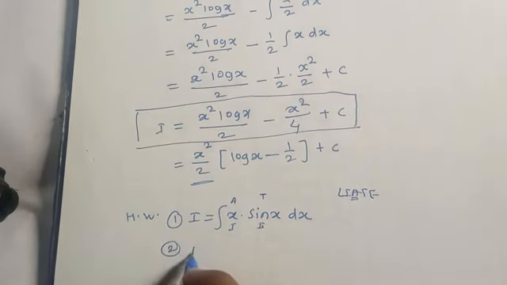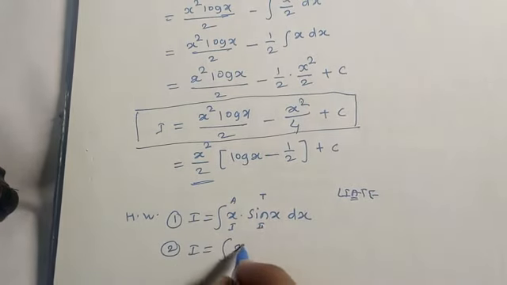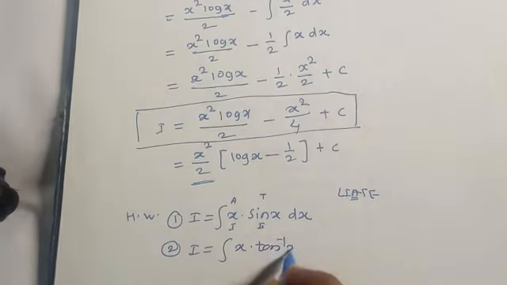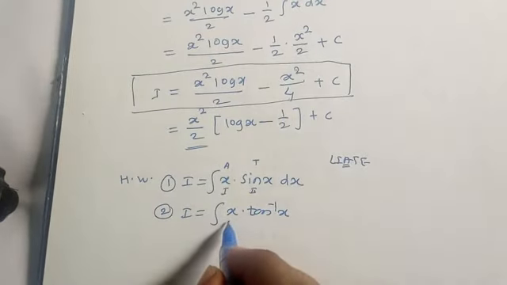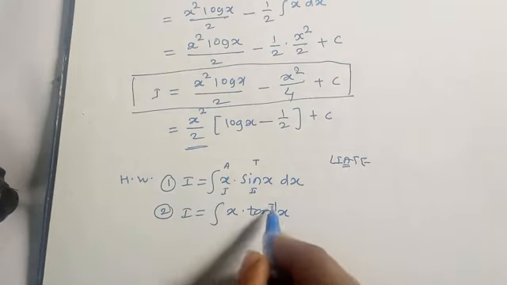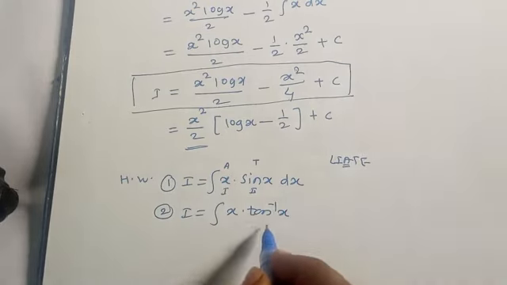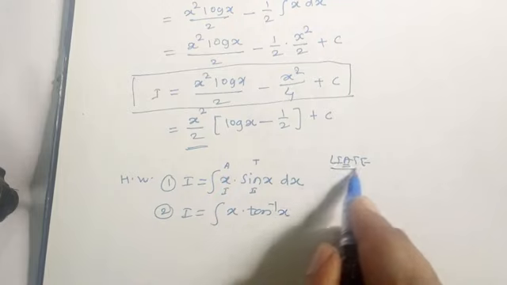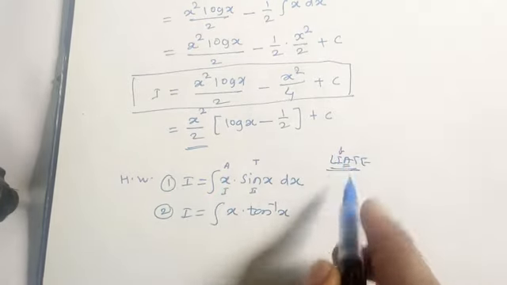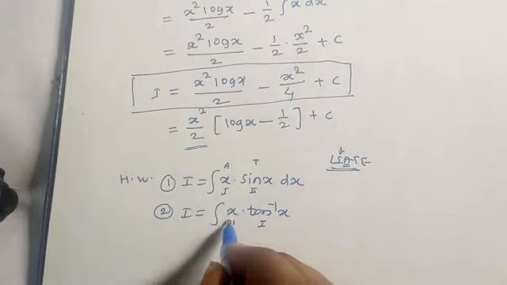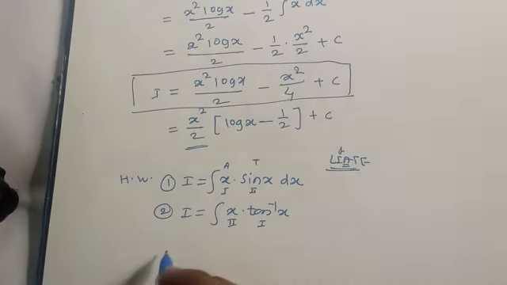And then the second example, I is equal to the integration of x into tan inverse x. In this example x is algebraic and tan inverse is inverse trigonometric, that means by using the LIATE rule the first is I, inverse trigonometric, and then algebraic, so this is the first function and this is the second function.